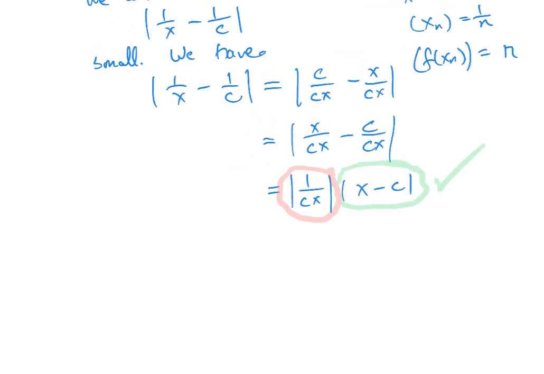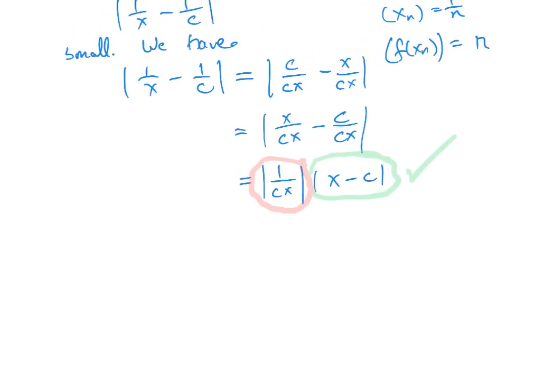Now, one over c would be fine. 1 over c is just some constant. But 1 over x is not fine because it's changing. So again, we want to bound the 1 over x in terms of c. How can we do it?